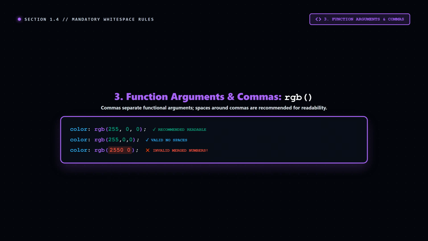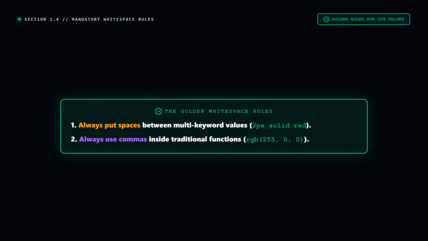Third, within functions like rgb(), commas separate the arguments and spaces around those commas are recommended for readability but not strictly required. However, if you omit the comma entirely and rely on a space, the parser might merge the numbers into one value. The rule: always put spaces between multi-keyword values, and always use commas inside functions.